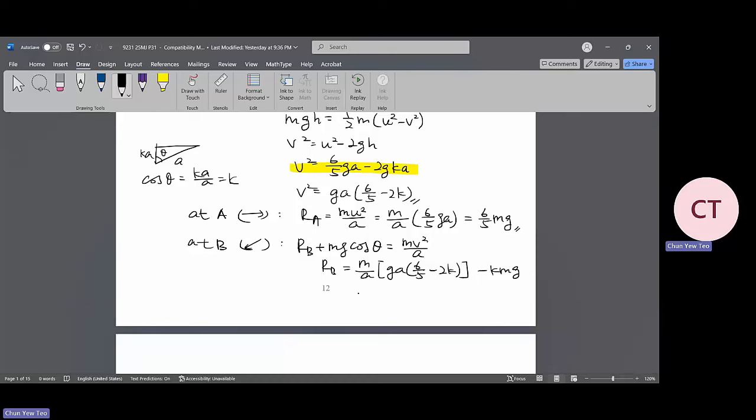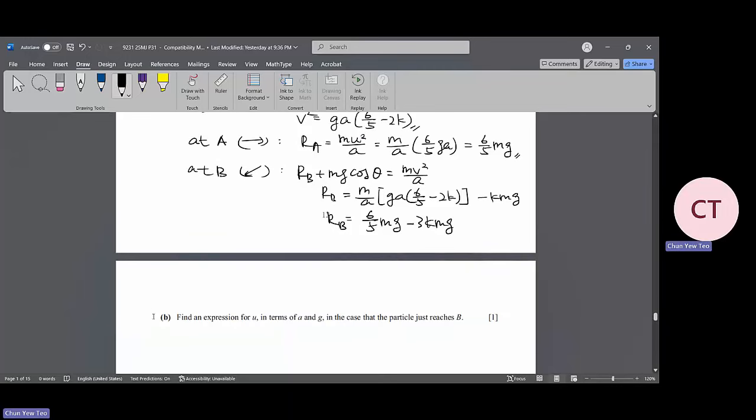If you simplify it, you will get 6/5 mg minus 2 kmg minus kmg, which is 6/5 mg minus 3 kmg. So this is the RB. We need more space.